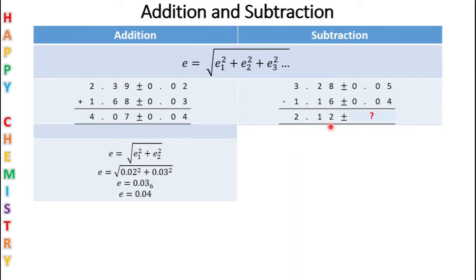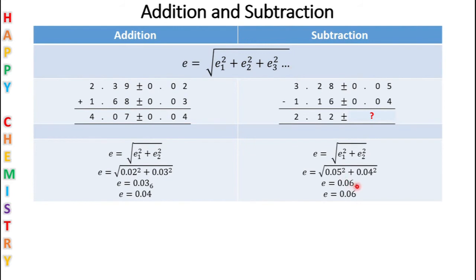As in addition, it is calculated using this equation. Square of 0.05 is added to square of 0.04 and square root is taken. There should be one significant figure in the answer.